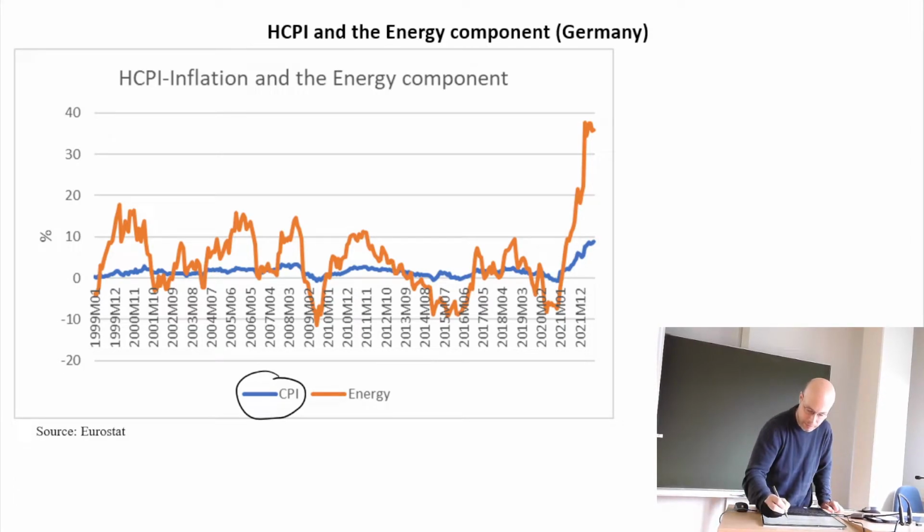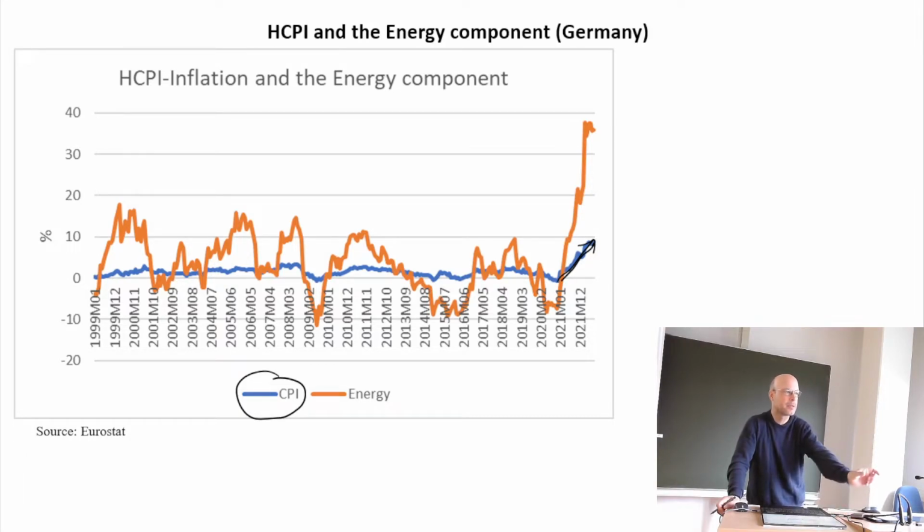And here you see, in the actual situation, we moved up to the number of roughly almost 10%. And of course, within the CPI, we have an energy component.